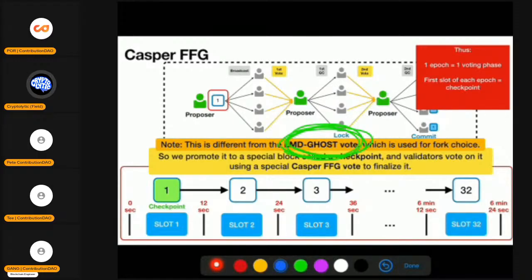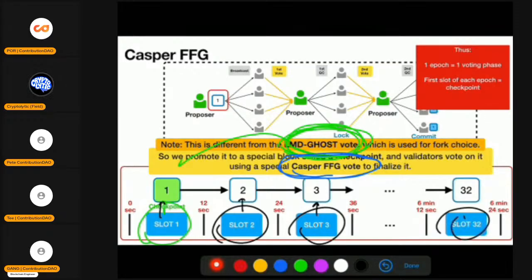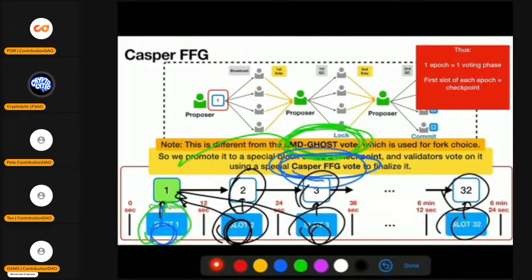But for the Casper FFG vote, when the validator is assigned to slot 1, it will cast the Casper FFG vote to block 1, and for slot 2, it will cast the Casper FFG vote to block 1, and this one to block 1 as well. It doesn't cast to this block because it focuses solely on the checkpoint.